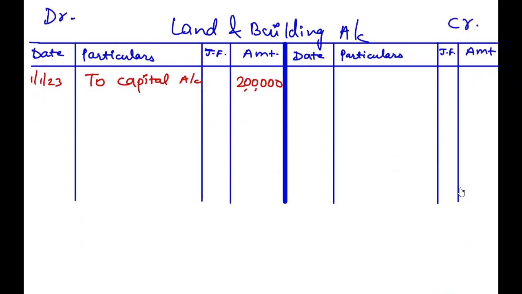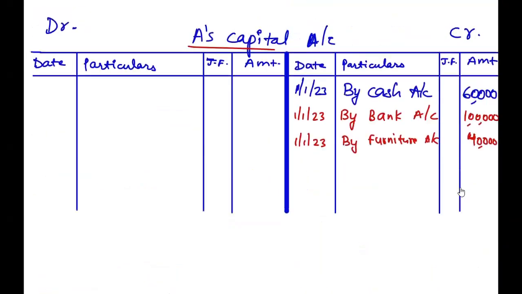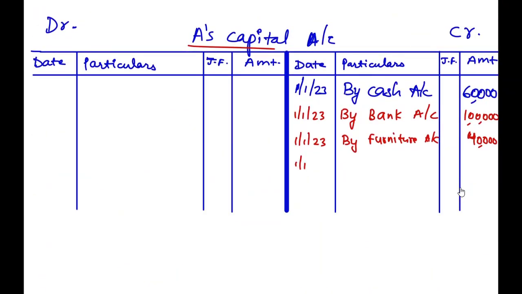Because of the capital account. So that is why I have mentioned to capital account. And in the capital account, what I will do on 1st of January 23, by land and building account 2 lakh rupees. So that is what we are doing right now.